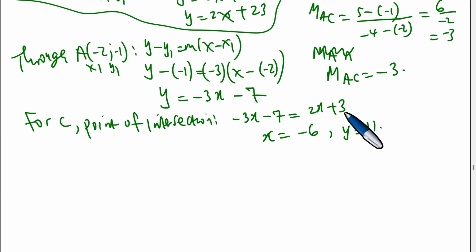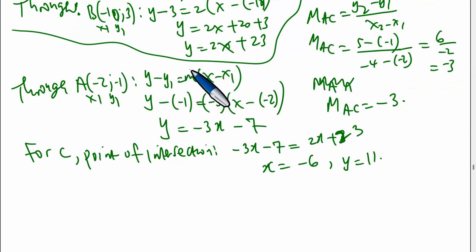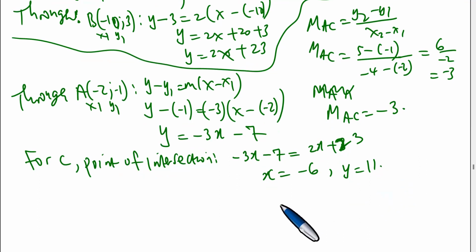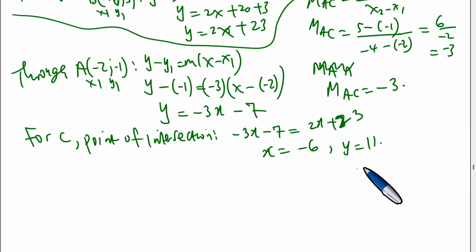We just equated the two equations, where the equation of the other line is 2x plus 23, and you get x equals minus 6, and then y equals 11.